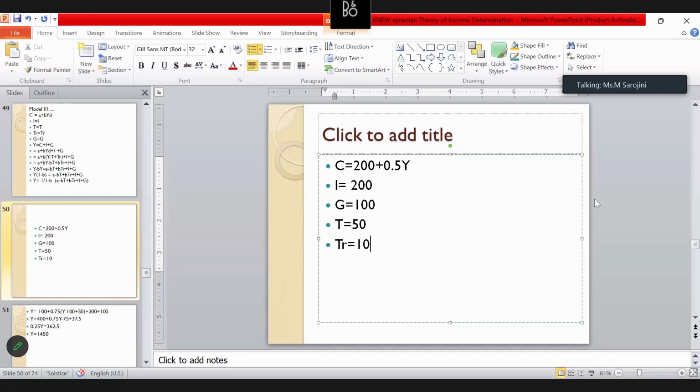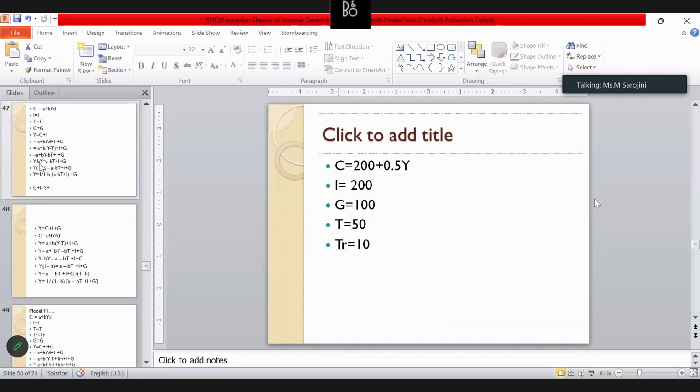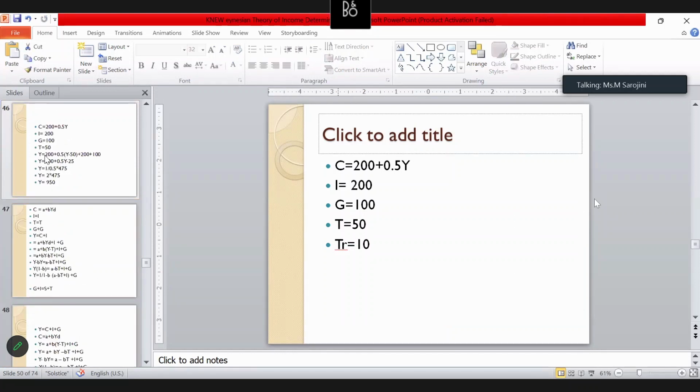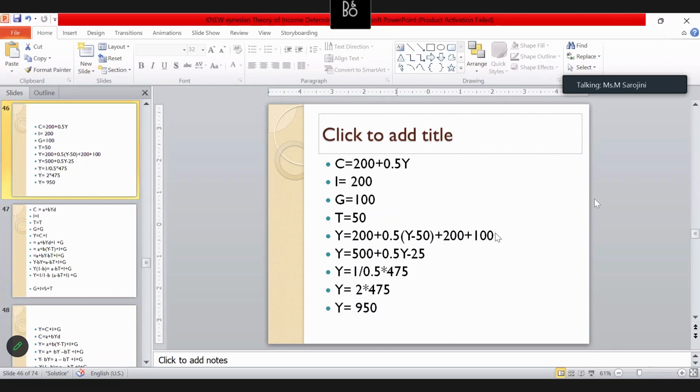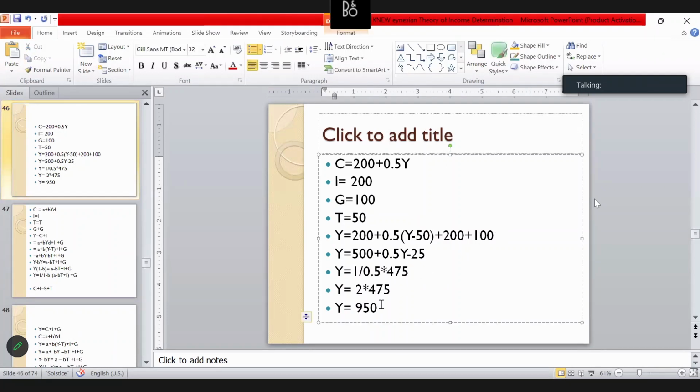Now you can calculate the disposable income for this information as well. Right, and calculate the national income with this information.